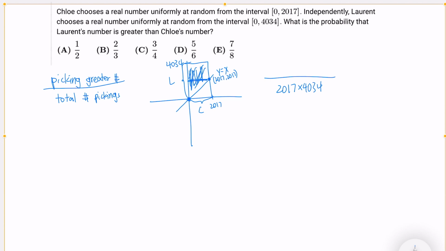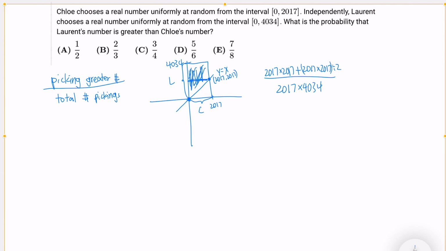And so let's first solve the area of the smaller rectangle. That would be 2017 times 2017. And then we can add the area of the triangle, which would be 2017 times 2017 divided by 2.